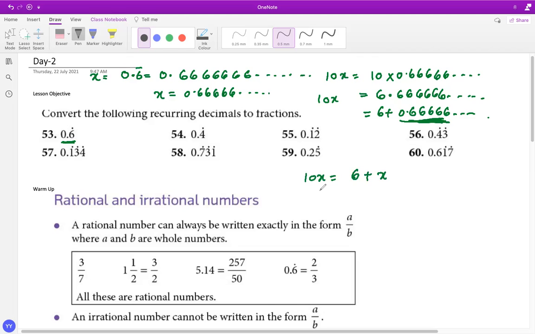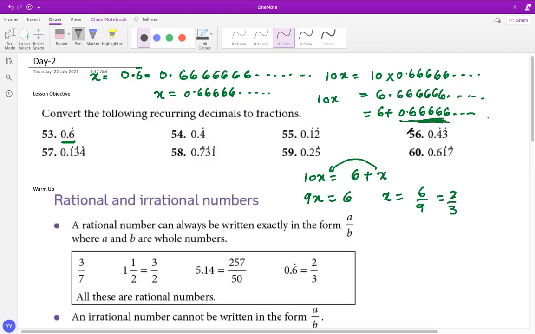Now, if you bring x to the left-hand side, we get 9x equals 6. As a result, x is 6 over 9, which is 2 over 3. I repeat again, what you try to do is multiply by 10, 100, or 1,000, and so on, to get the recurring decimal back in place, and try to get an integer number in front.